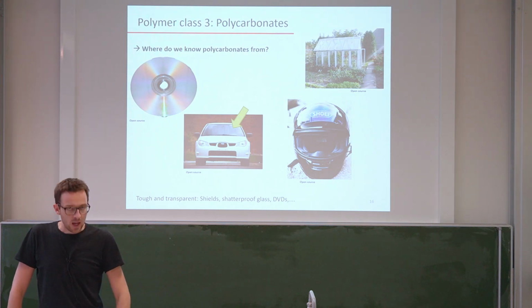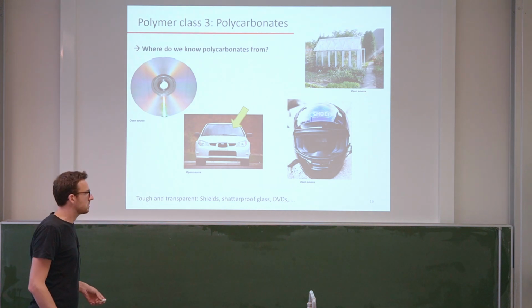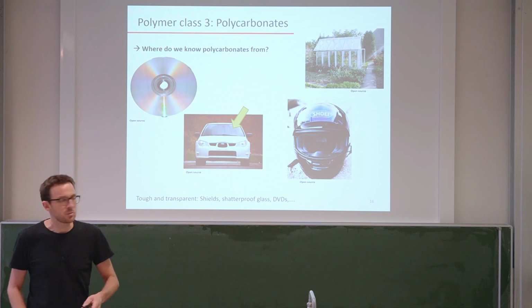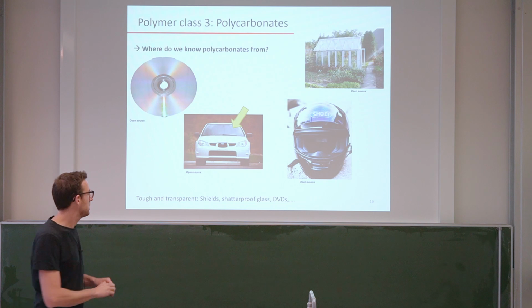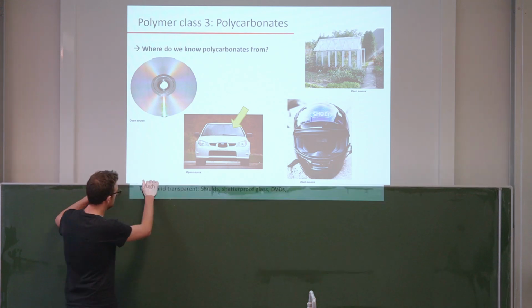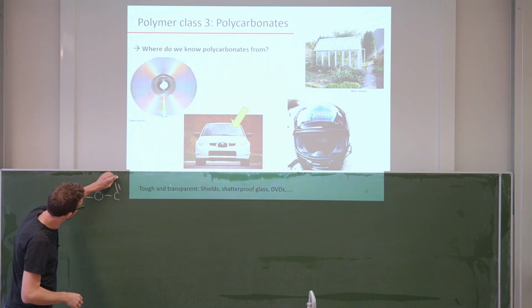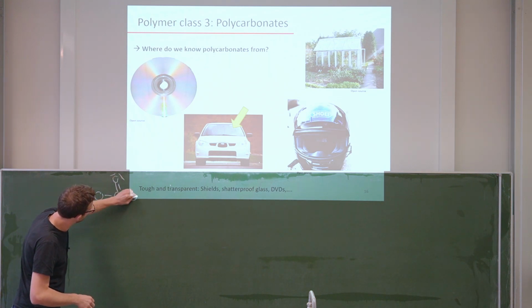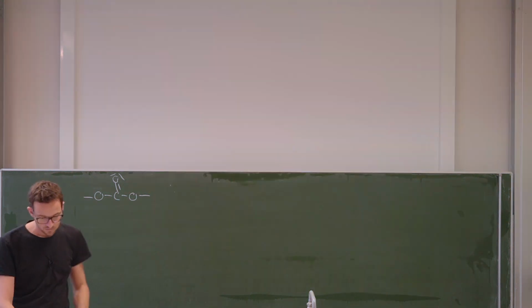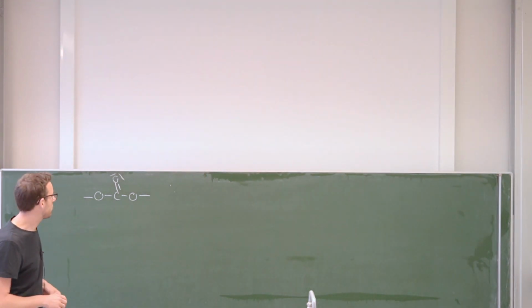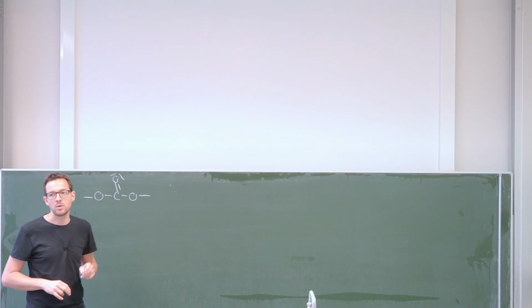So now the question is, how do you make polycarbonates? Maybe I can just show this here on the screen. The carbonate function looks like this. So you need to find a substance that can attack the central carbon twice.